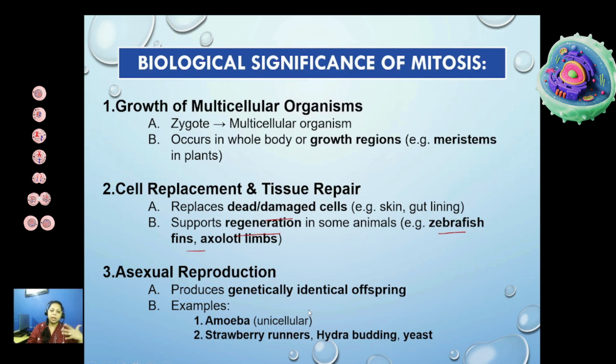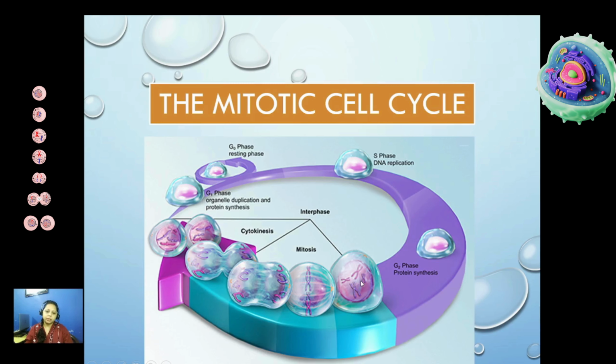Examples are amoeba, strawberry runners, hydra budding, or yeast budding. What is budding? If this is a cell, you have seen buds on it. First the buds develop, and then these buds further divide into complete individuals. You might have already learned this in yeast.